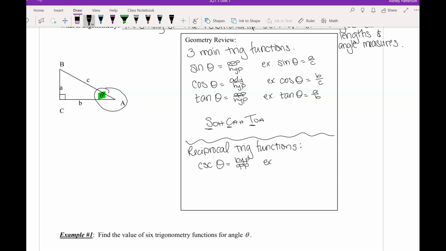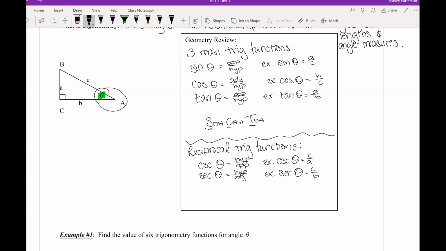For our example, the cosecant of theta would be c over a. They are literally the reciprocals. The reciprocal of cosine is secant. Secant of theta is the hypotenuse over the adjacent. So for our example, secant of theta would be c over b.